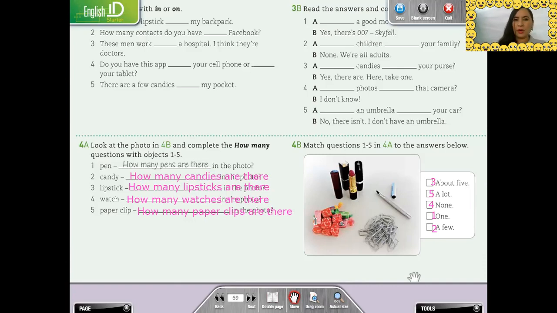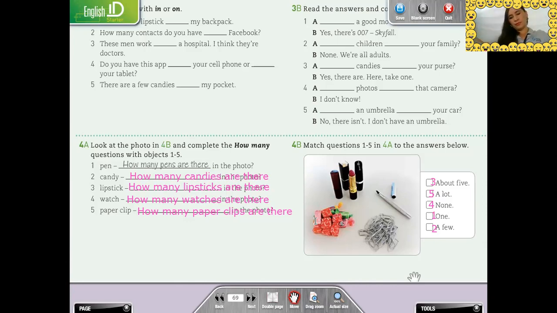About 5. Or when someone asks you, how old is she? I don't know. She's about, and you mention the age. In this way, we're gonna use about when we don't know exactly the amount of things.